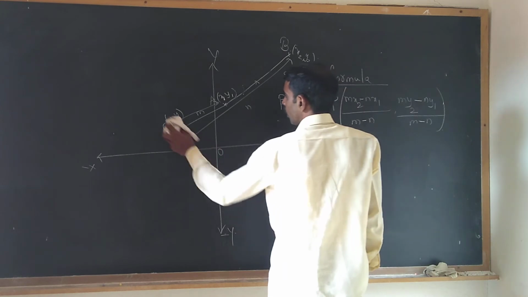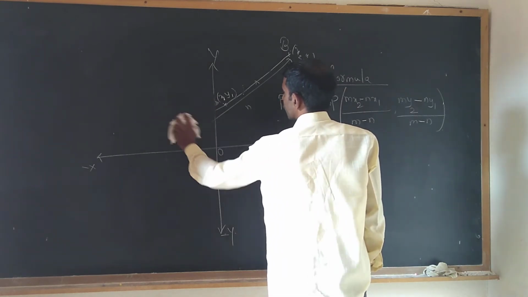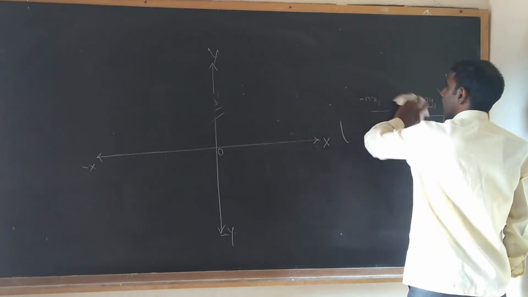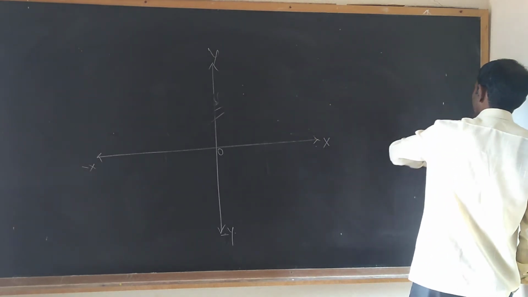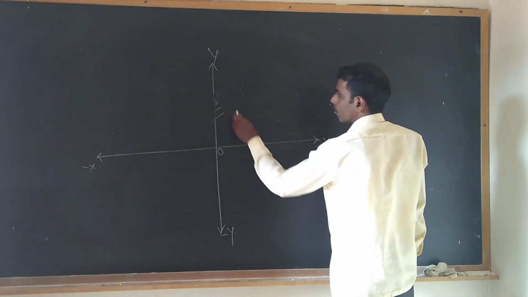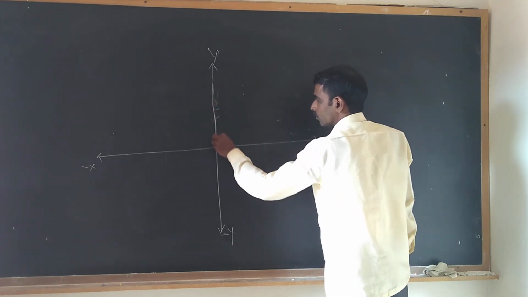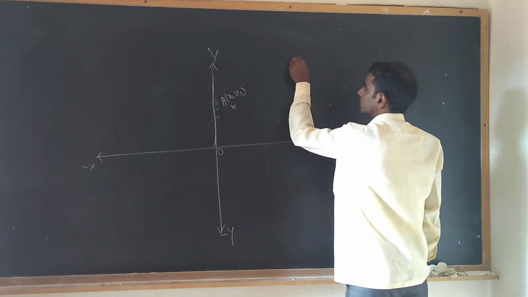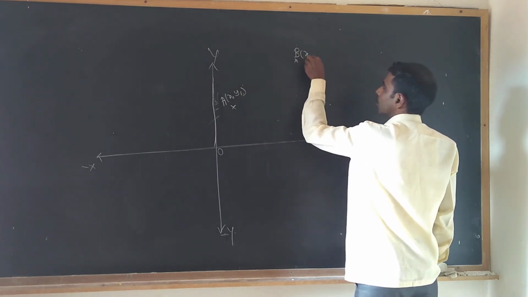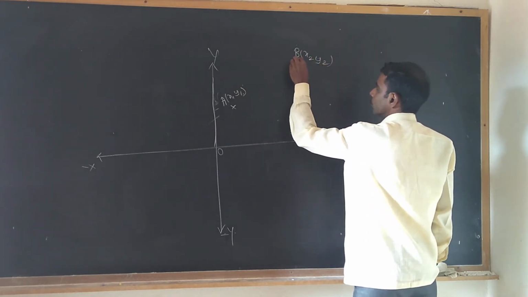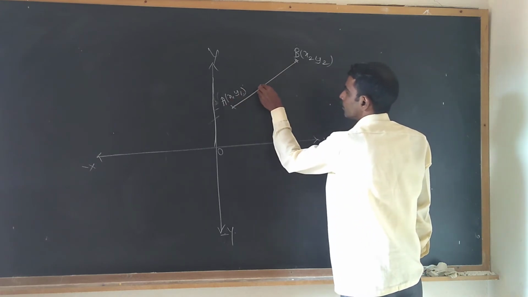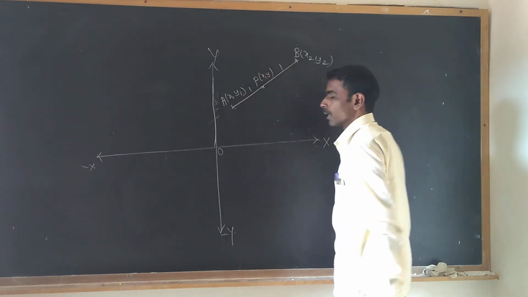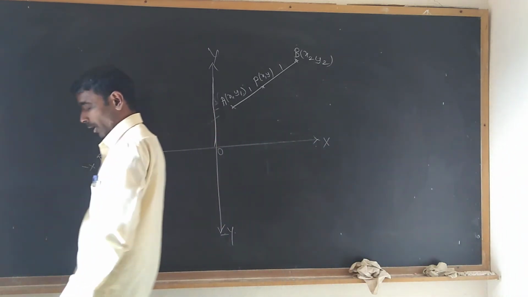Now, what will happen if P happens to be the midpoint? That also you have seen. This is A of x1, y1, this is B of x2, y2, and P of x, y happens to be exactly the midpoint.